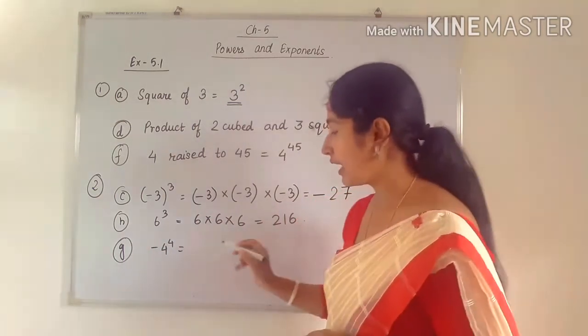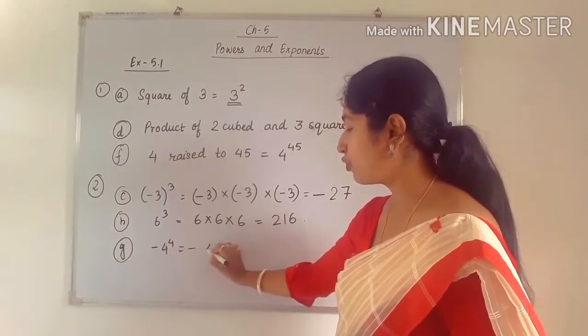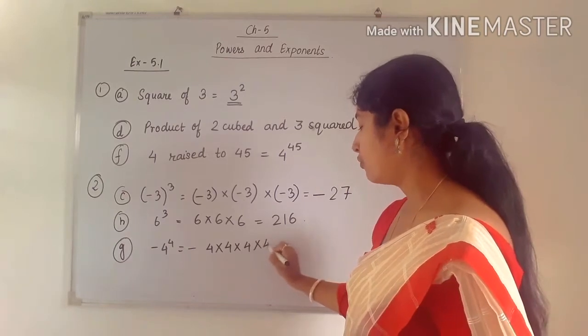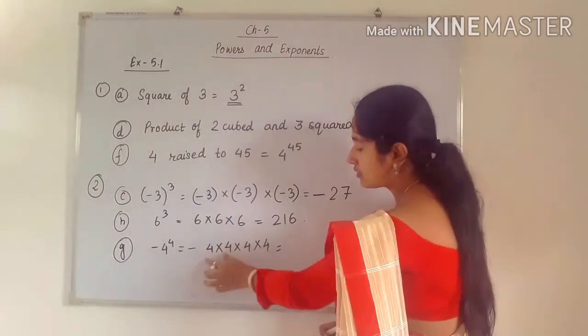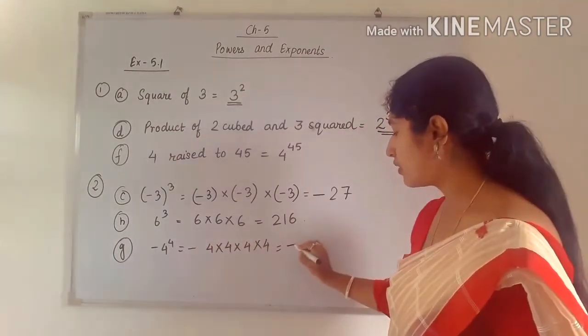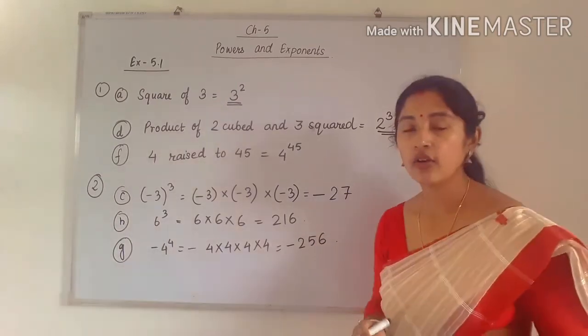So we have to write like this: minus, and we have to multiply 4 how many times? 4 times. So 4 into 4 into 4 into 4. See here, this is 16, this is 16, and 16 times 16 is 256. So the final answer will be minus 256. Why are we not multiplying minus 4 times?